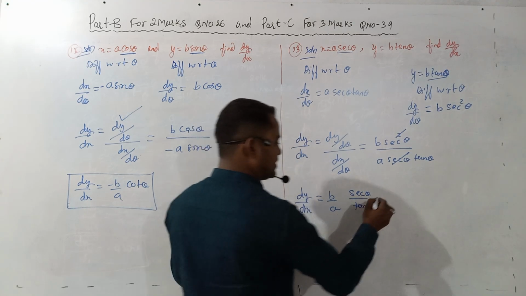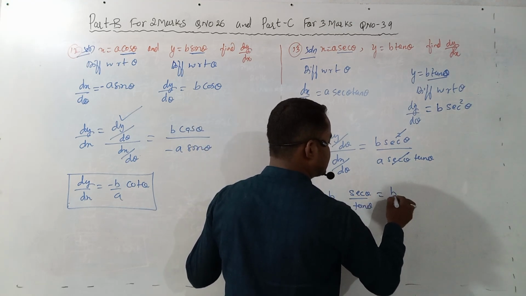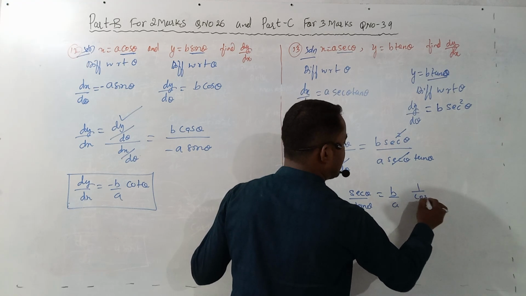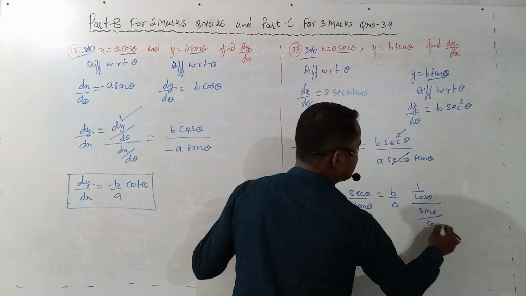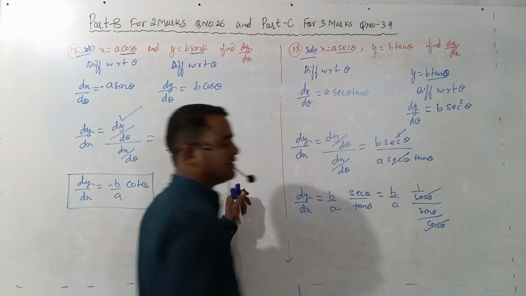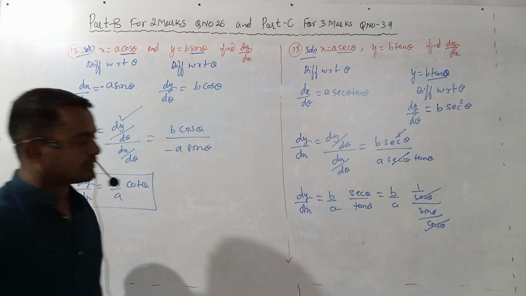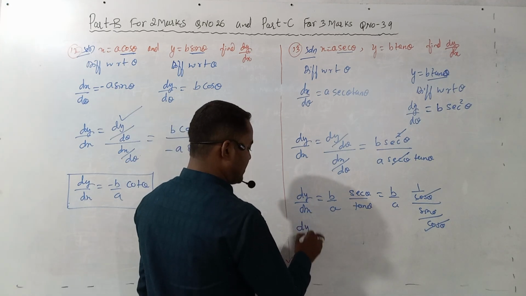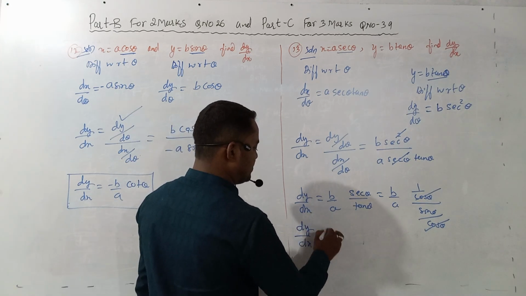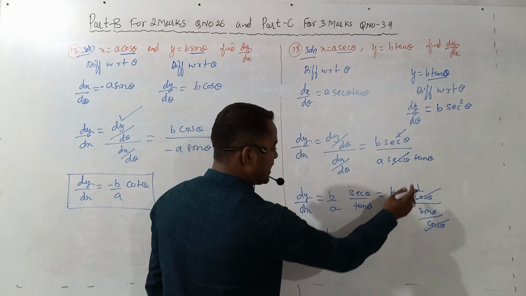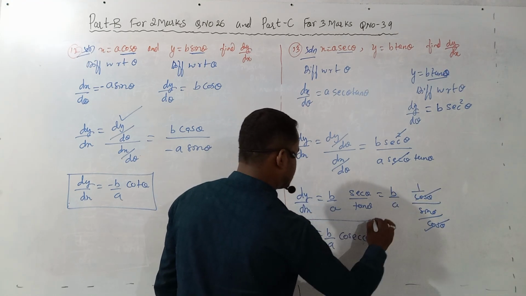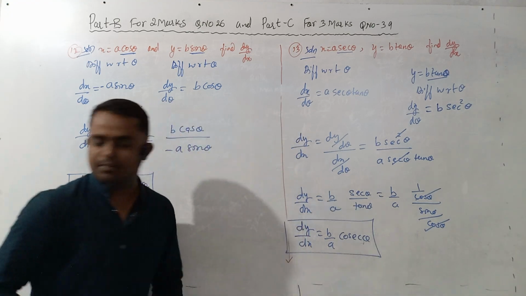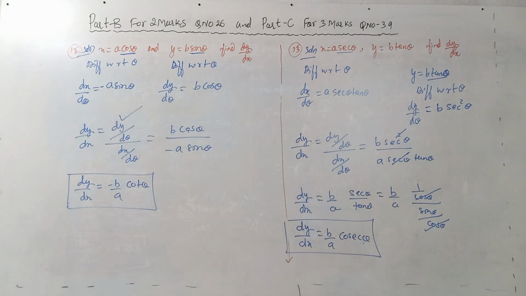Sec theta can be written as 1 by cos theta, and tan theta as sin theta by cos theta. The cos theta cancels. Then dy by dx is equal to b by a times 1 by sin, and 1 by sin is cosec theta. So this is the final answer of the problem.